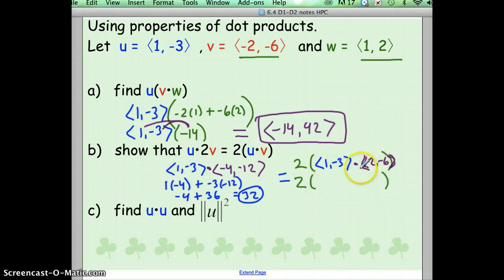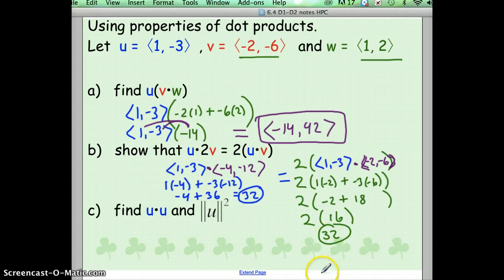Okay, so 1 times negative 2 plus negative 3 times negative 6, I would have a negative 2 plus 18, right? And negative 2 plus 18 is 16, and 2 times 16 is 32. They are equal to one another.